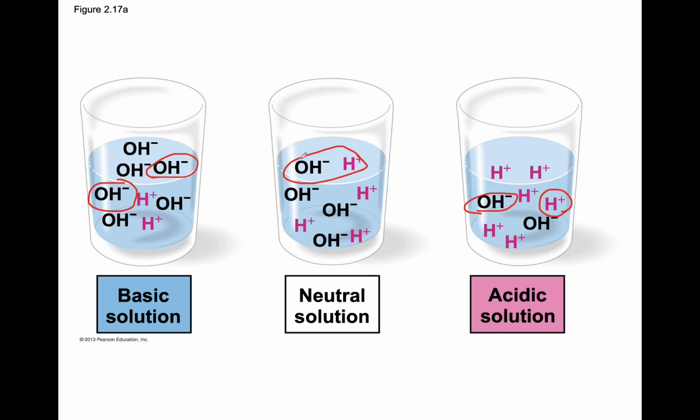Here's a question. What do you get when you combine one hydroxide with a hydrogen? So if you take an OH and you add it to another H, what do you get? You get H2O. That is water.